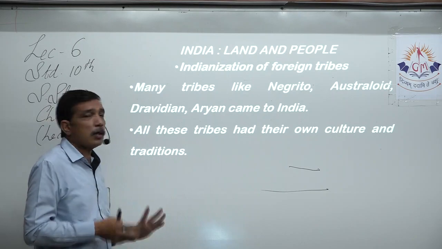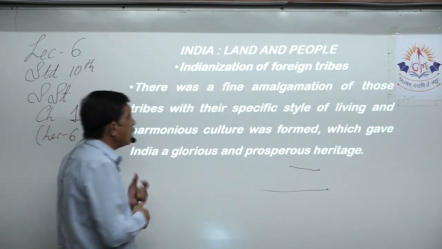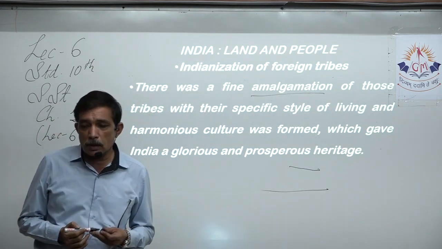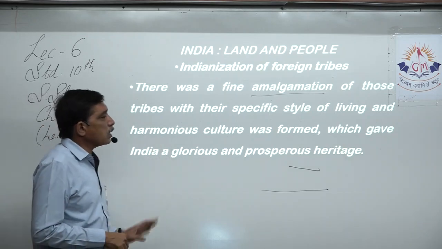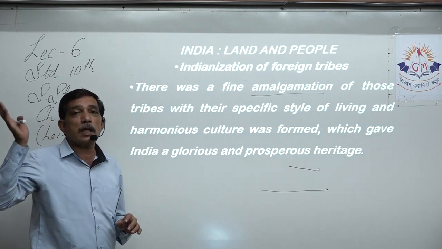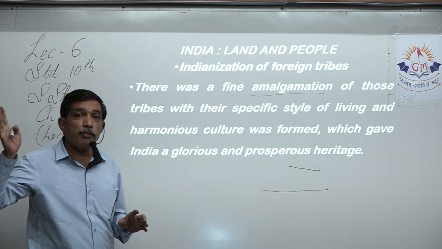All these tribes had their own culture and traditions. There was a fine amalgamation. Amalgamation means a mixture of those tribes with their specific styles of living, and a harmonious culture was found. They came here because conditions in their country were not good, from wherever they came, from whichever area.